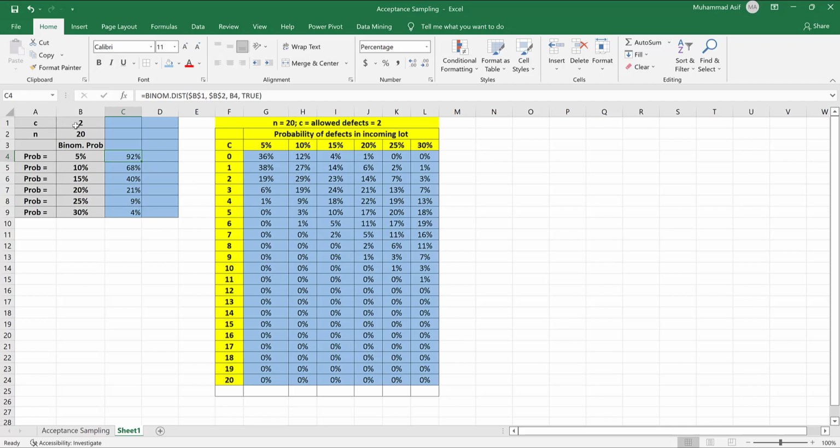We are using here the value of C 2, which means it includes 0, 1 and 2. So in other words, it should be exactly the same thing as this one, 0, 1 and 2. We can double check it, is equal to the sum of probability of 0, 1 and 2. Yeah, that's right, it gives us 92%.